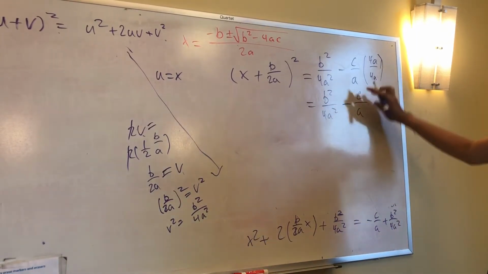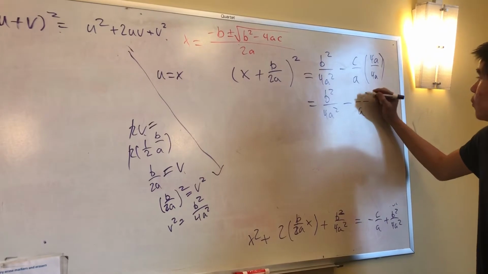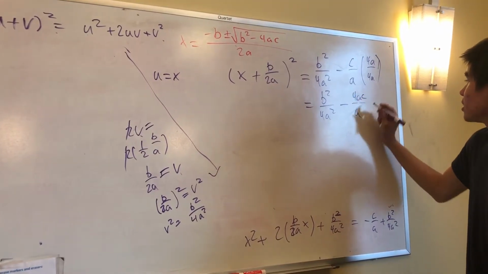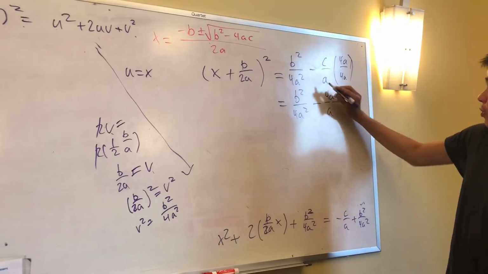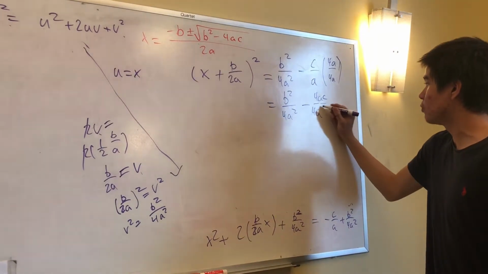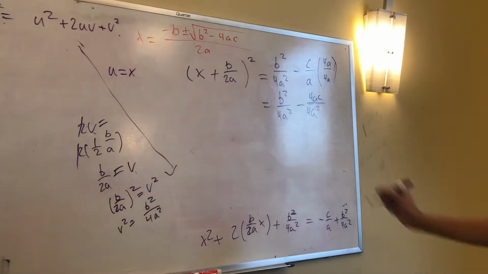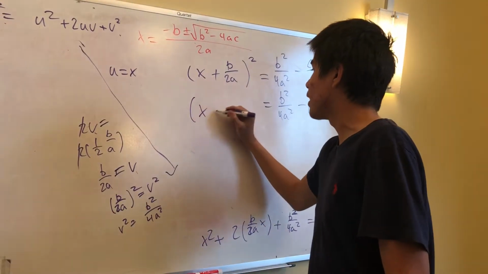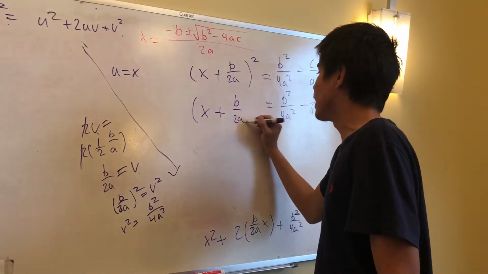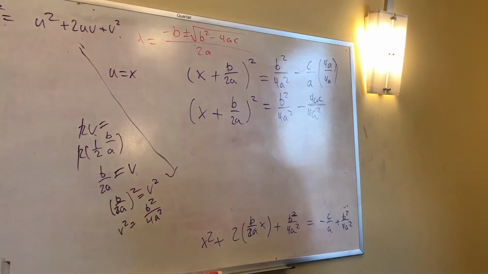So then multiplying it together, we have 4ac all over 4a times a, so that's 4a squared. That's equal to x plus b over 2a squared.